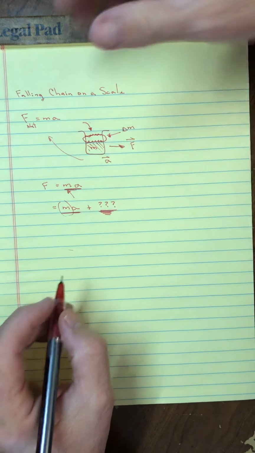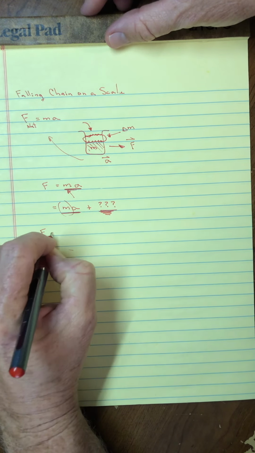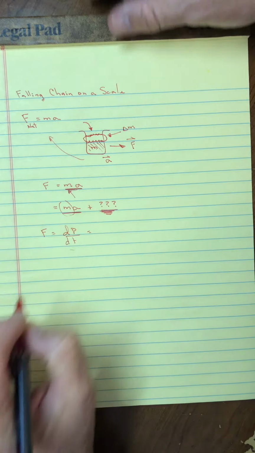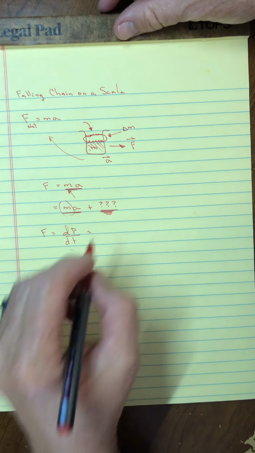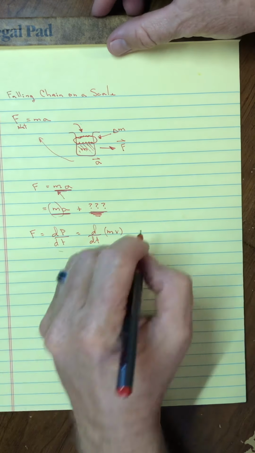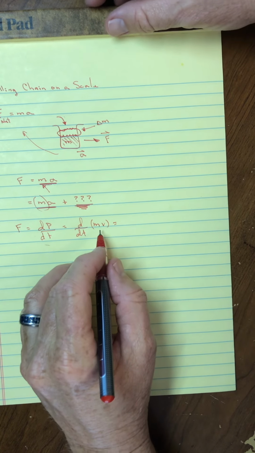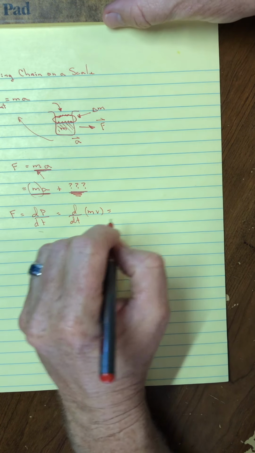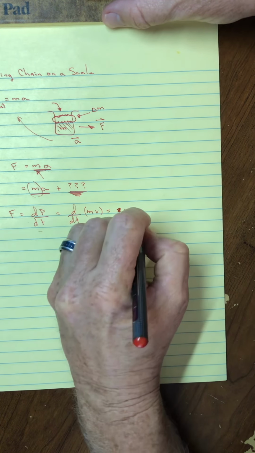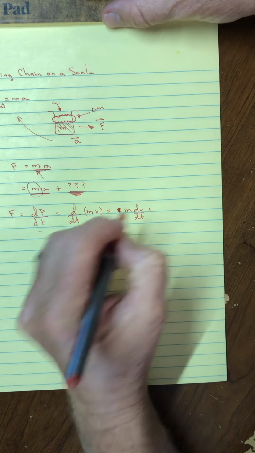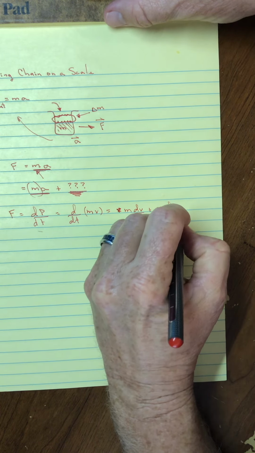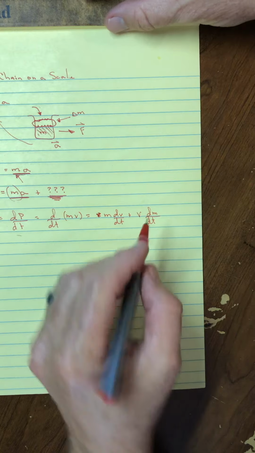In fact, what I'm trying to show is that force is really better written as the change in momentum, because momentum is a product of two things we know, and using the product rule from calculus, we would have the first times the derivative of the second, plus the second times the derivative of the first. And this really is this second piece.